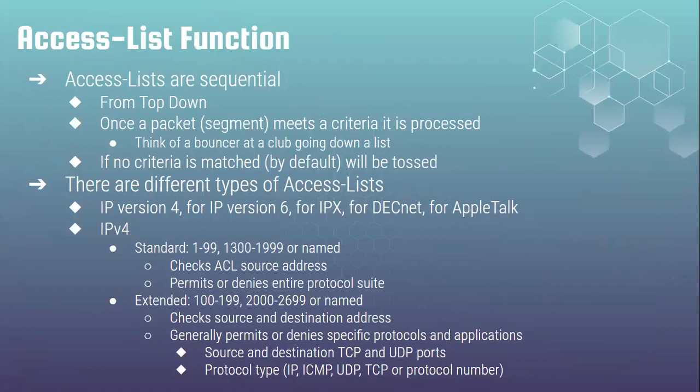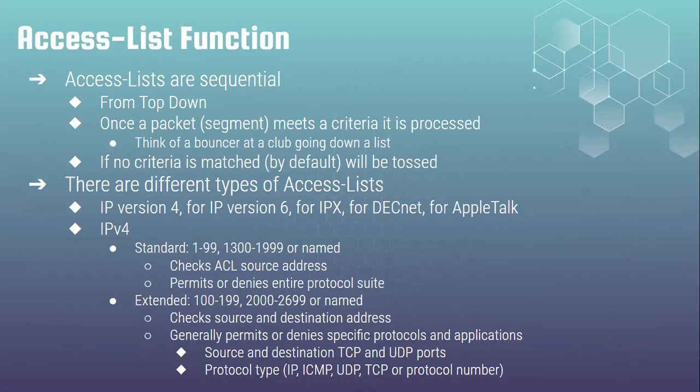Just think of a bouncer at a club. They're going to go down the list and say, hey, what's your name? They go down the list. If you're not on the list, you're out. Access lists work essentially the very same way. It's very important to keep in mind that they're sequential, because you can say this workstation's allowed, this workstation's allowed, this workstation's allowed, but all the other workstations are not allowed, right?